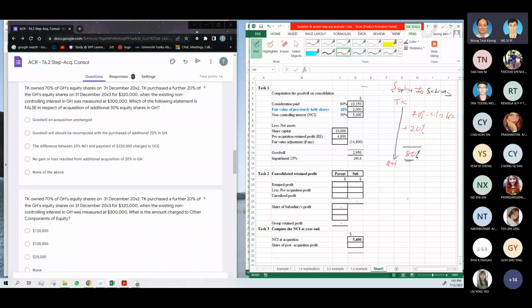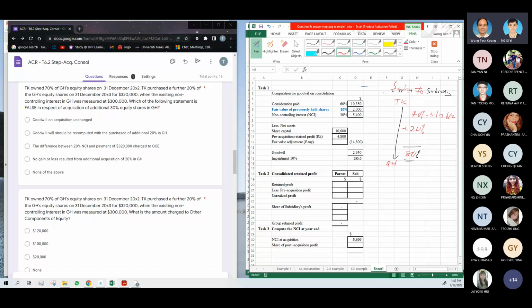So now this time they're testing you the existing NCI is 300,000. So you buy another 20%, you pay 320,000. So which of the following statement is false? Incorrect statement. For additional of 30% equity interest. Goodwill on acquisition unchanged. Yes, correct. So unchanged. The 70% still there. We compute at 70%.